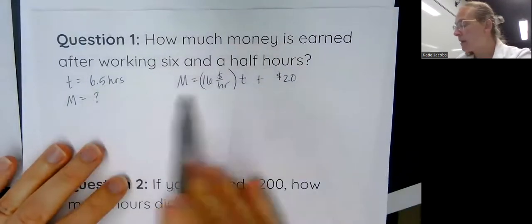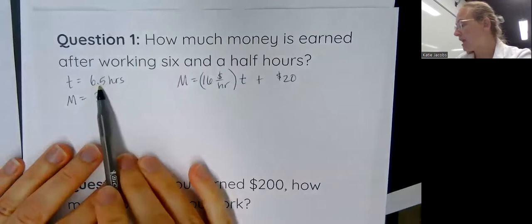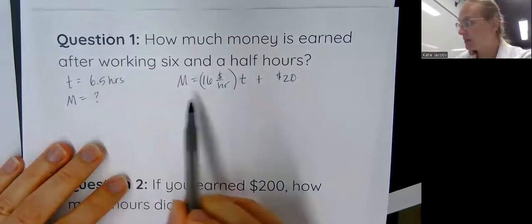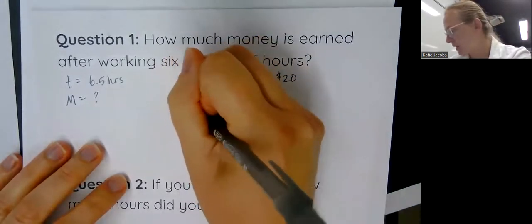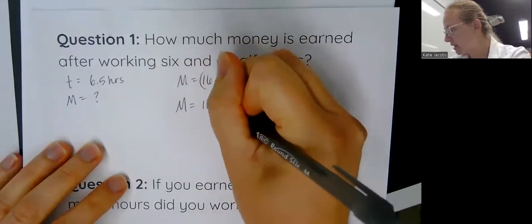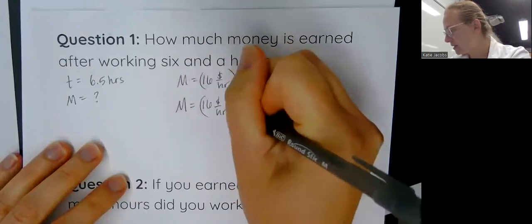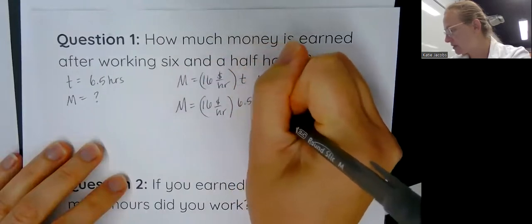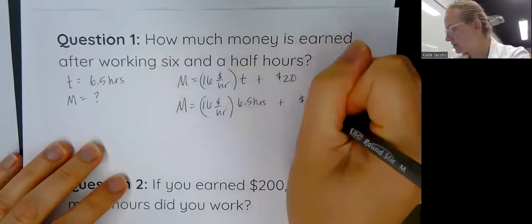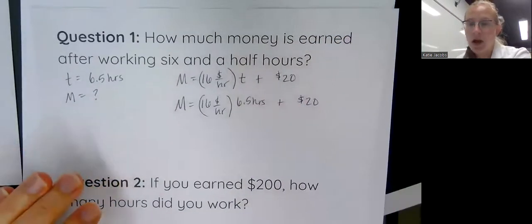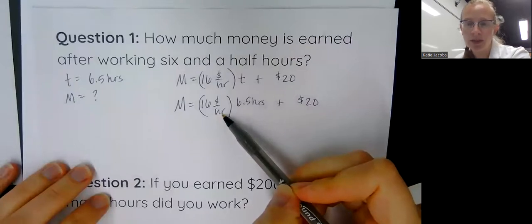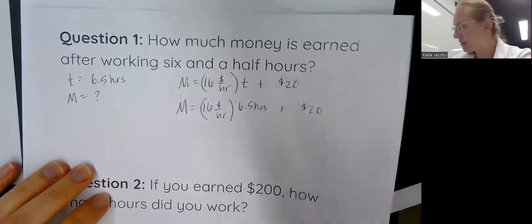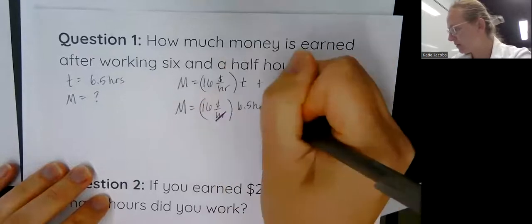Now, what I know is I'm going to be plugging in 6.5 hours for time, and I'm going to be solving for how much money that makes. So M is still unknown, $16 per hour times 6.5 hours plus $20. When I have hours, the unit in the denominator and in the numerator, that unit cancels out.